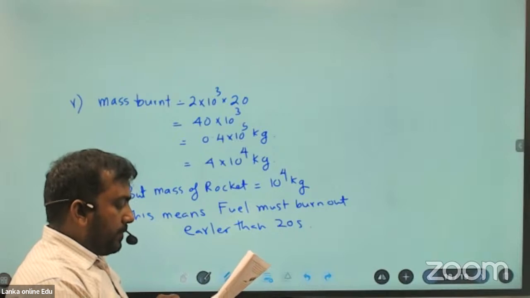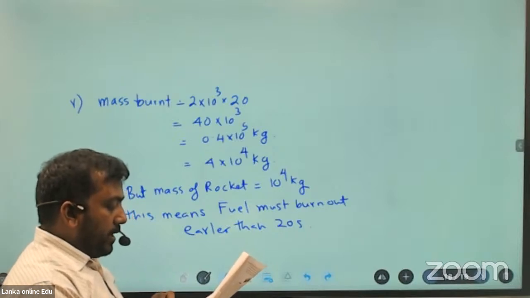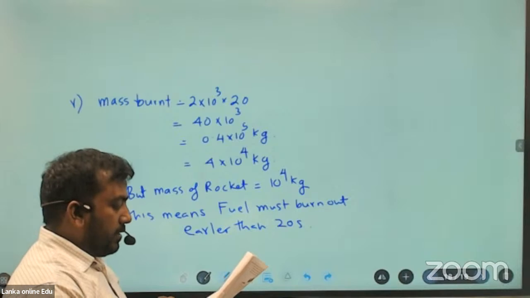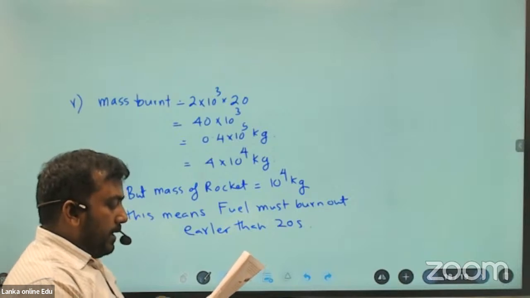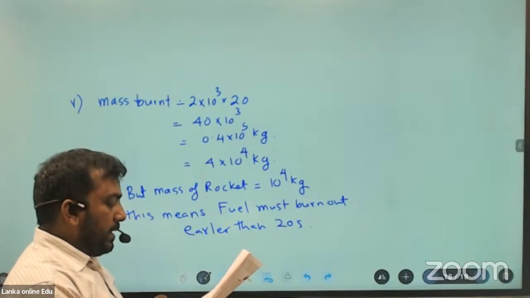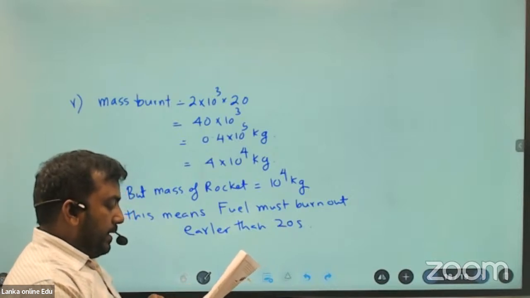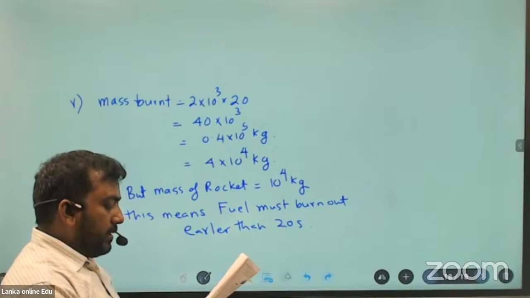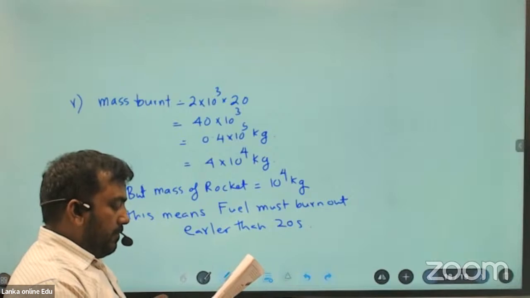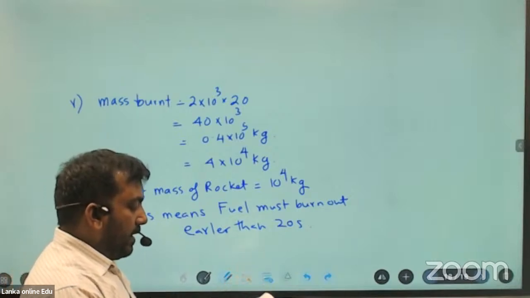Part B, find the acceleration of the rocket at the instant when the thrust force is equal to the initial value.